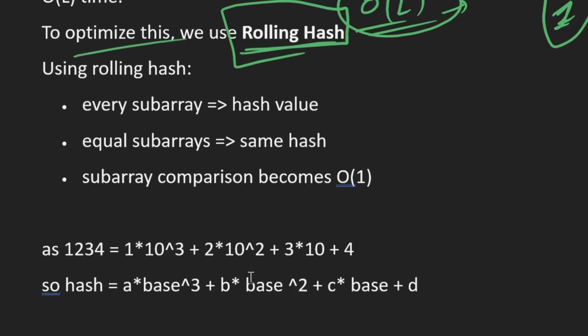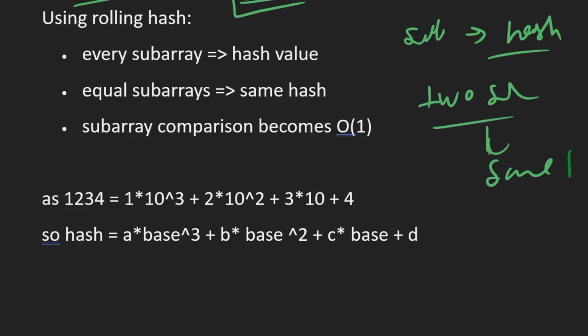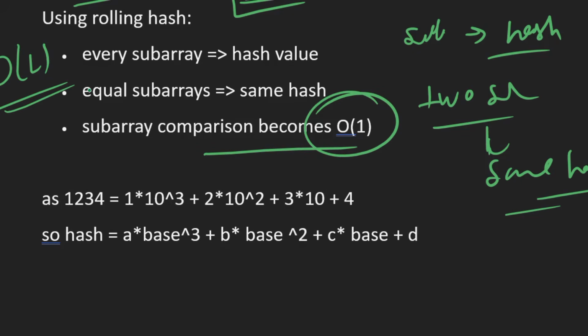In rolling hash, we convert every subarray into a hash value, and if two subarrays are equal, they will have the same hash value. Comparing hash values takes only big O of one time, whereas earlier it took big O of L time. So for faster comparison we are using rolling hash.